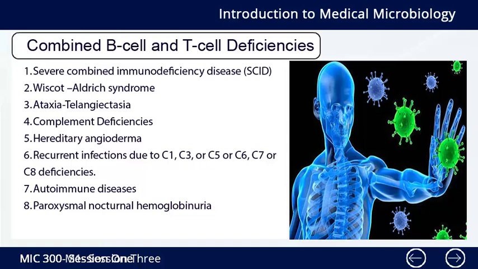Number 5, hereditary angioedema. Number 6, recurrent infections due to C1, C3, or C5, or C6, C7, or C8 deficiencies. Number 7, autoimmune disease. Number 8, paroxysmal nocturnal hemoglobinuria.